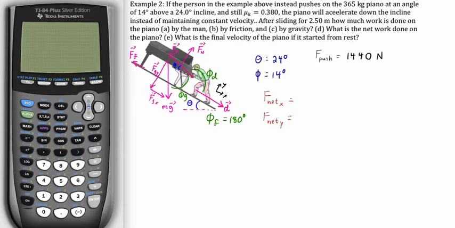Well, in the x direction, we're going to have a component of the gravitational force in the positive x direction, so it's Fgx, and then we're going to have the friction force in the negative x direction, so force of friction, and then we also have the pushing force in the negative x direction. And this is just because we define positive x as downhill. So we're going to have a component of the pushing force, which is going to be Fpx.